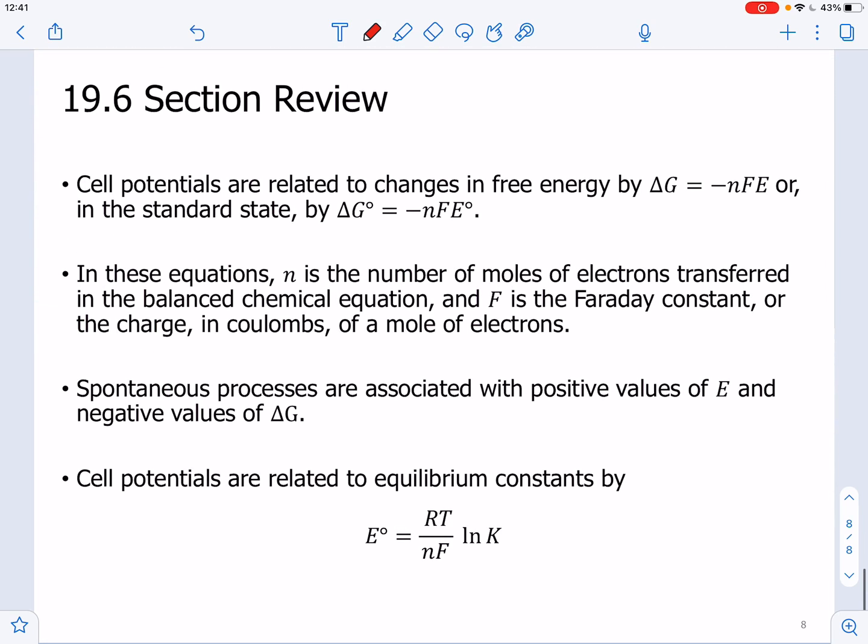Okay, important things to remember from this section. Well, there is a relationship between the cell potential and the Gibbs free energy for any given reaction. You can do that through this equation.